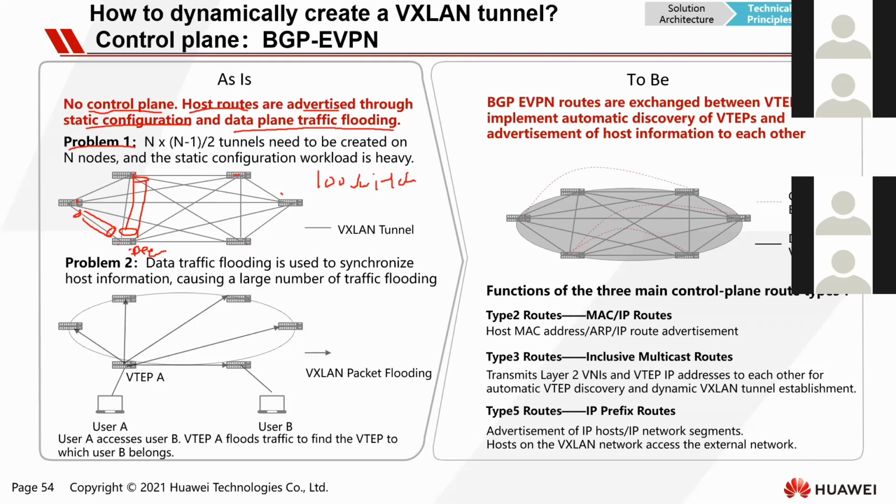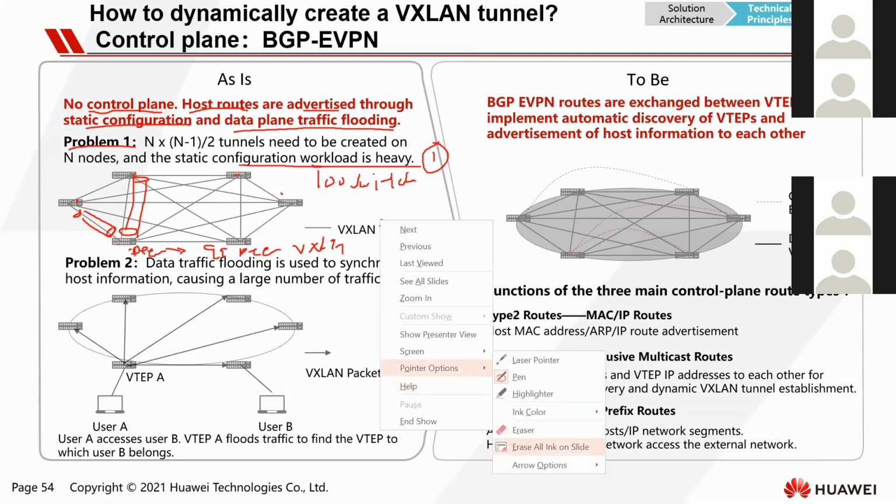Each switch needs to create 99 peers for VXLAN. And you will know that the configuration workload is very heavy. So this is the first issue that we will face in VXLAN.